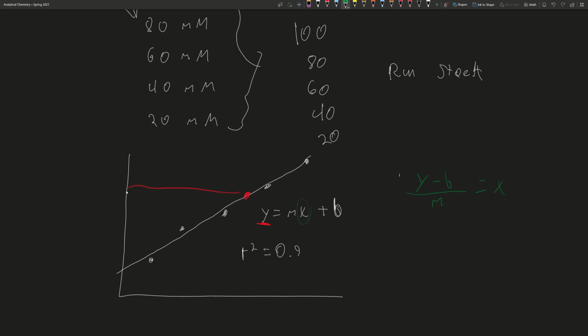So y is typically the response. And x is typically the concentration.